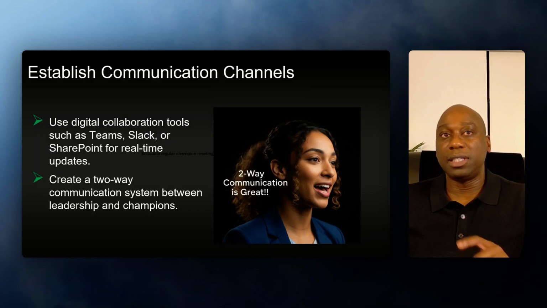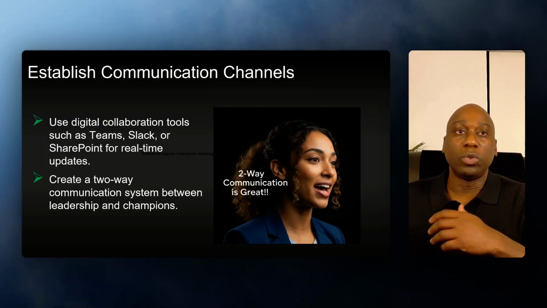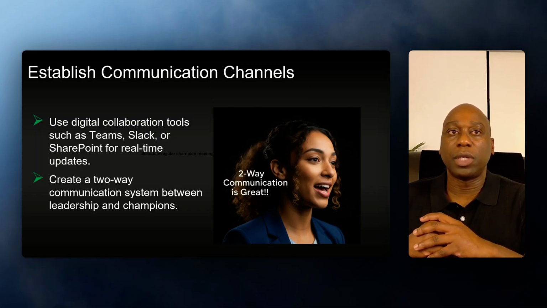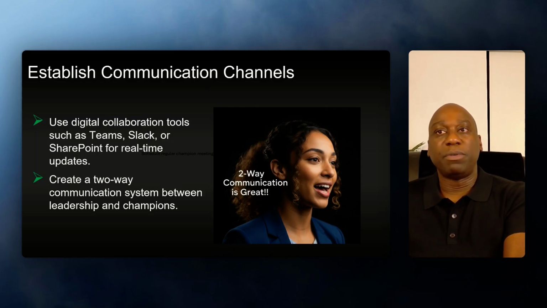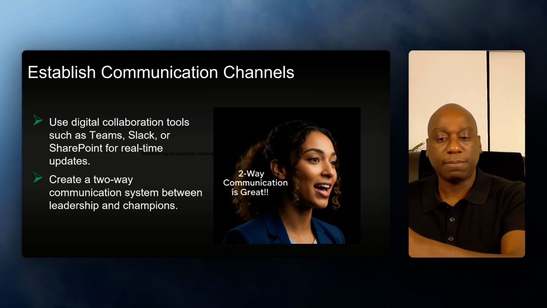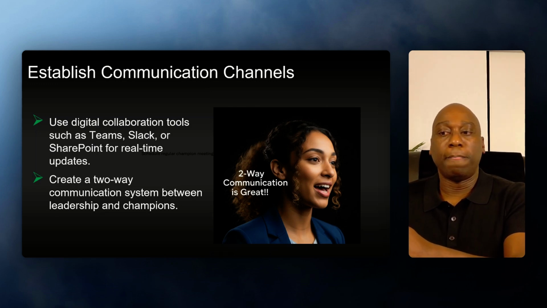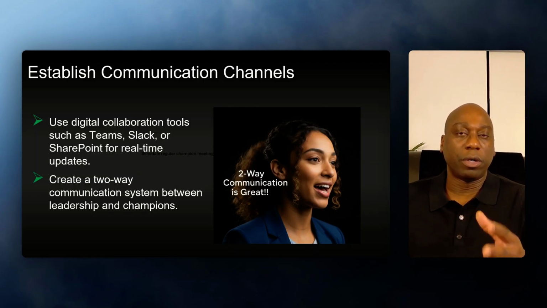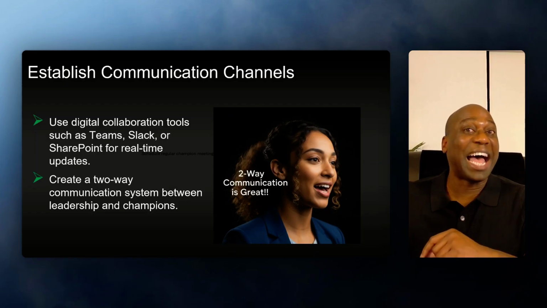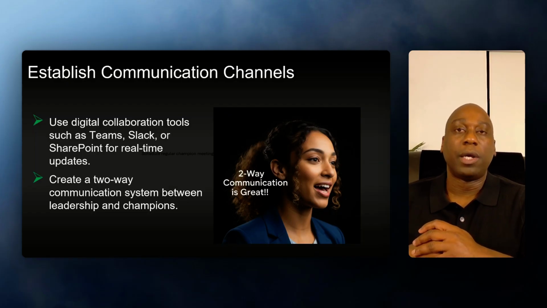What is listed is digital tools to engage with champions and two-way communication, but having a central repository where you have your documents, that could be SharePoint, that could be OneDrive, that could be Dropbox, that could be whatever repository your organization, your department is using. Just make sure champions have access to that folder. Very important for you to do that.